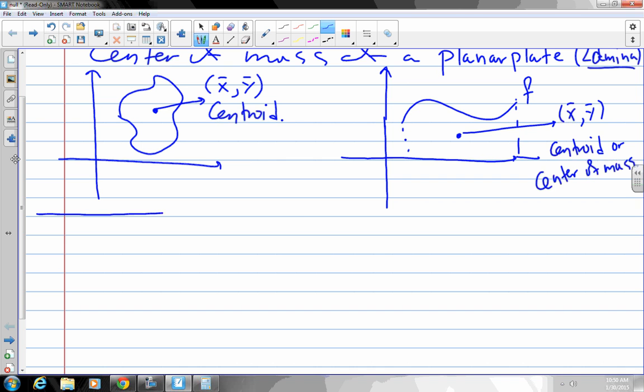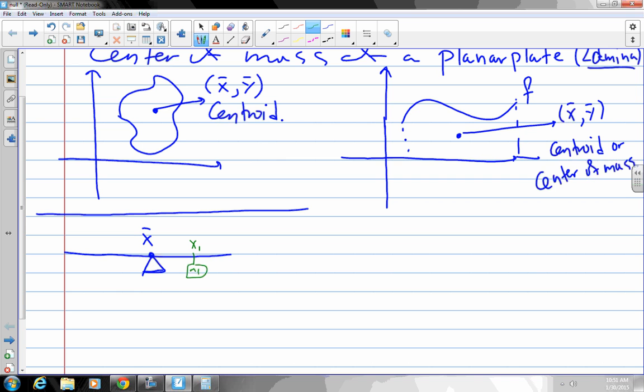So what I was trying to do originally, let's say I have a stick, and somewhere I'm trying to balance that stick, and I have some weights along that stick. I have this little guy here. Let's call it M1. Location is X1.